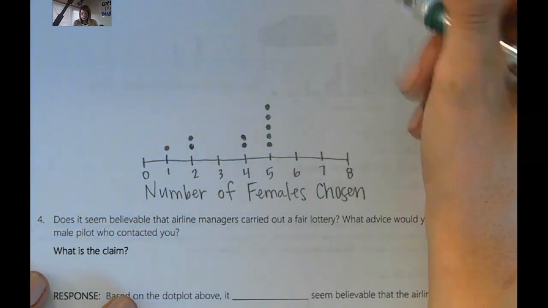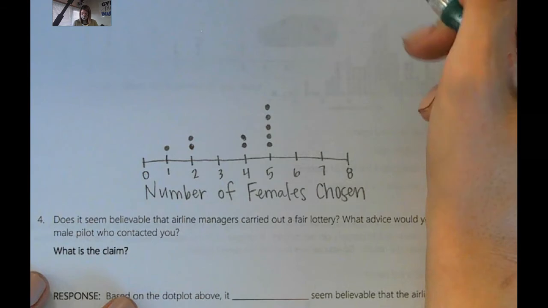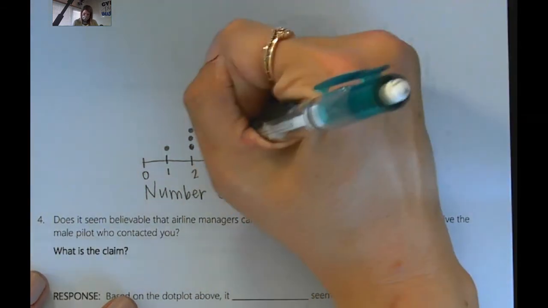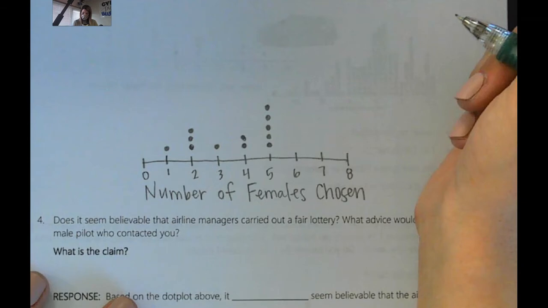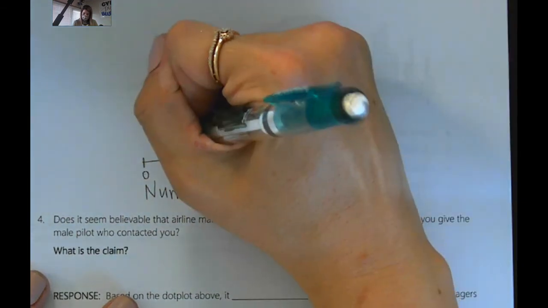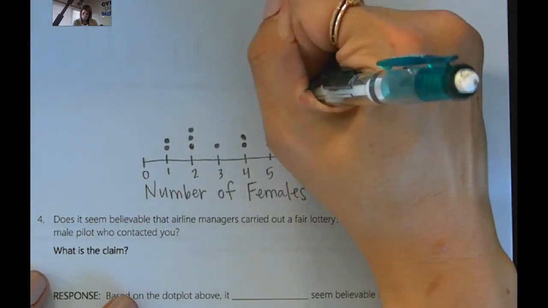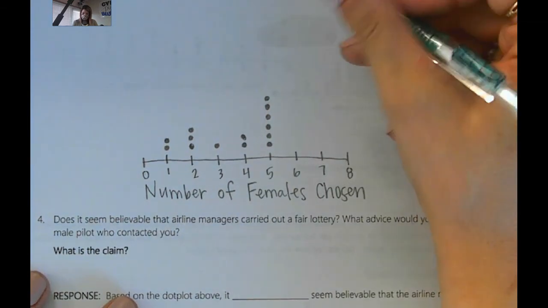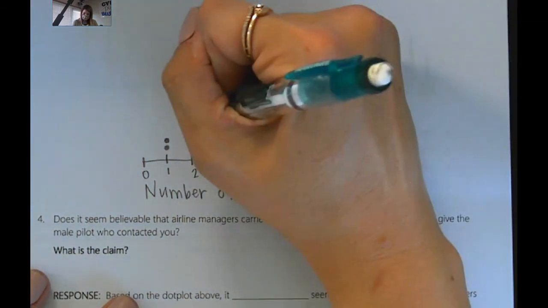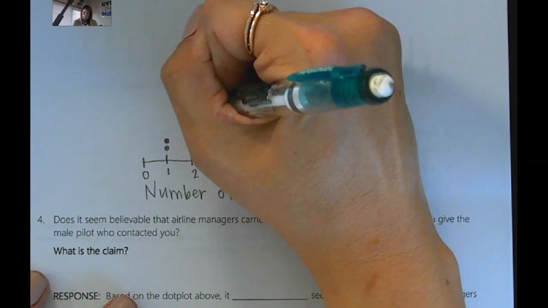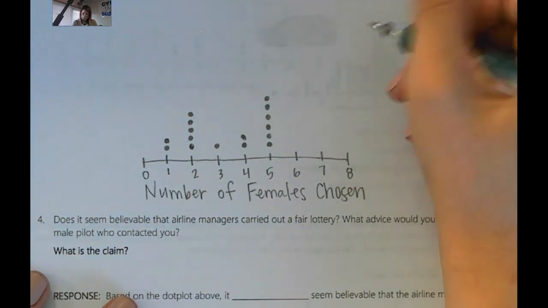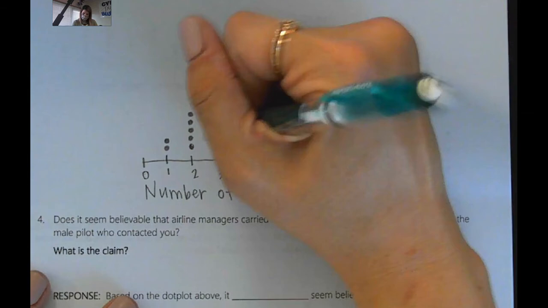Georgia. 2 and 3. Liz. 1 and 5. Osvaldo. 2 and 2. Brooke. 3 and 6.